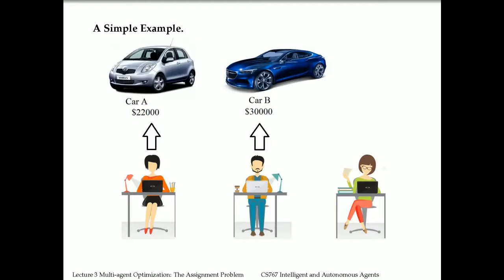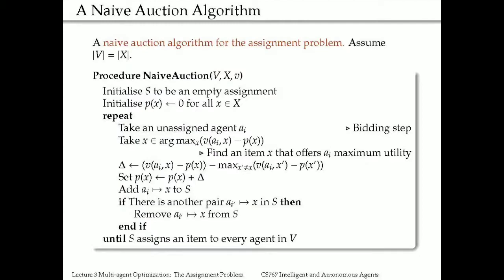And we can specify fixed rules for the agents to follow. So at the end, agents 1 and 2 will respectively get car A and car B, because no one wants to send out another bid. I can summarize that with an auction algorithm.